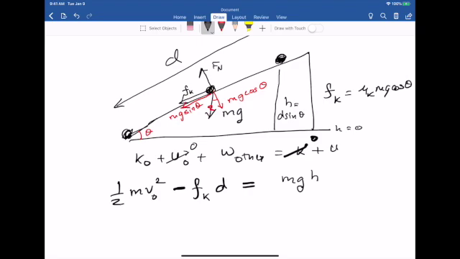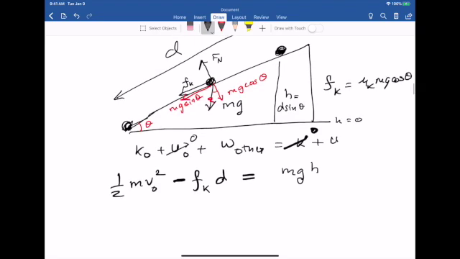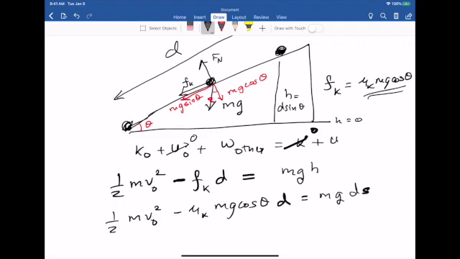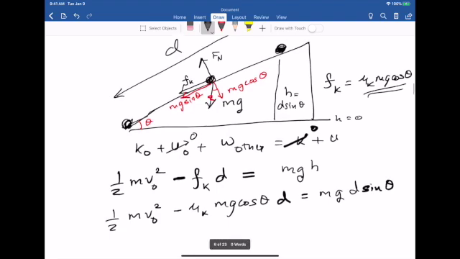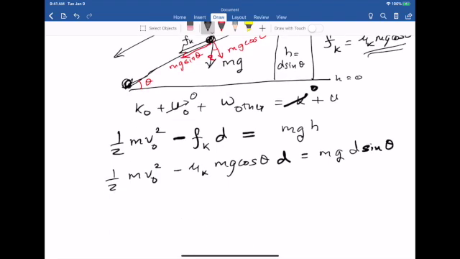Okay, so let's plug all this in, and we are done with the problem. All I have to do is half m v0 squared minus, for Fk, let's plug in what we got earlier, mu k times mg cosine theta multiplied by d, is equal to mg, and instead of h, I'm writing d sine theta. Now all I have to do is solve for d, and amazingly, I'm done in like 2 lines of work.